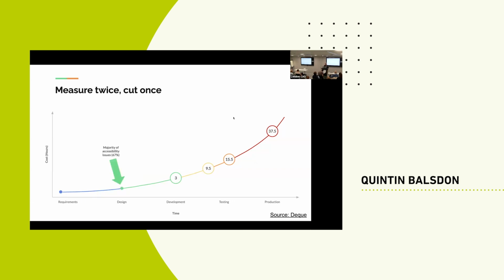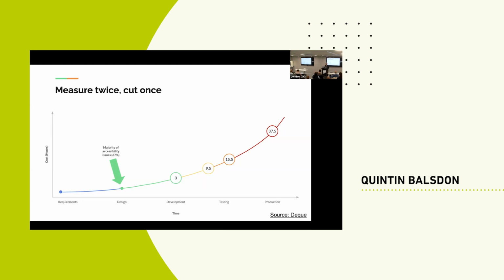So this was a very interesting case study in that it proved what was already out there. But they also took it another step further, where they looked at how many hours in terms of cost and where most of their accessibility issues were caused. It actually came from the design phase: 67%. In development, it took 3 hours to fix. Testing, between 15.5 and 9.5 hours. And after it released into production, 37.5 hours.